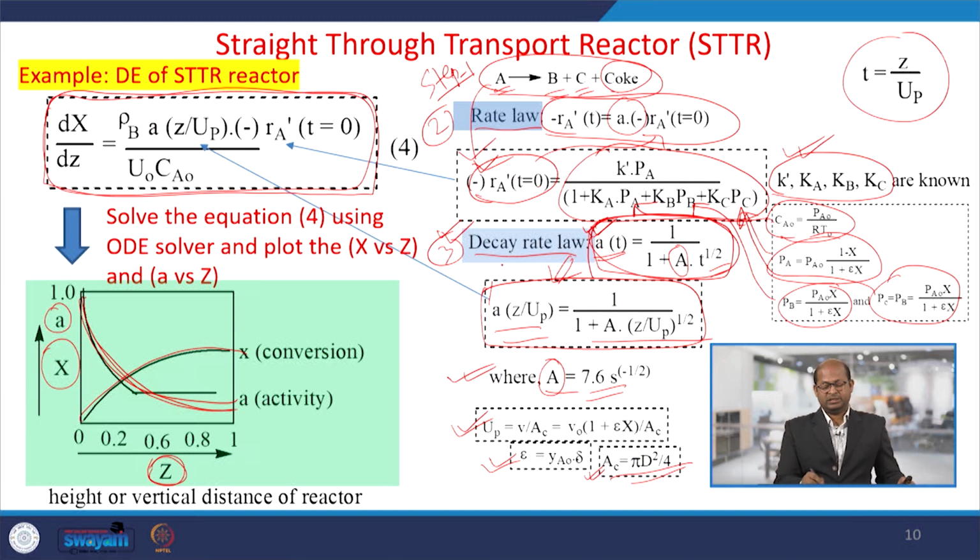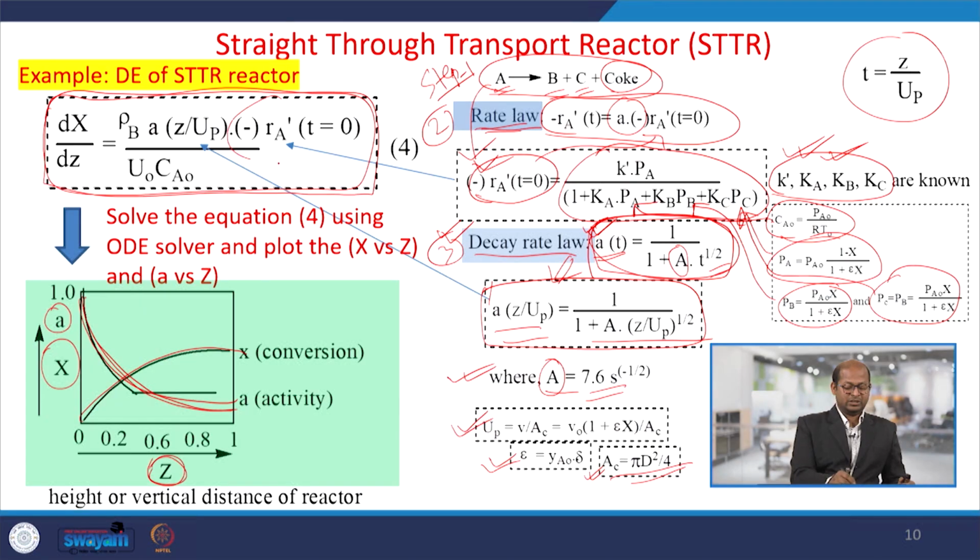Then the decay rate law and the reaction rate law both are known, and the parameters are given for this particular system. Then we can substitute in these equations. Here, in terms of time, we are replacing time with z by u p.